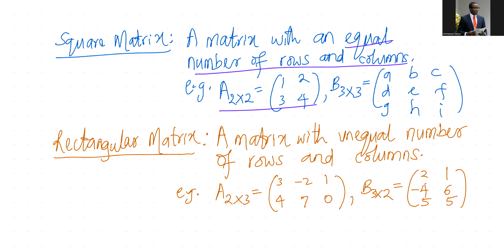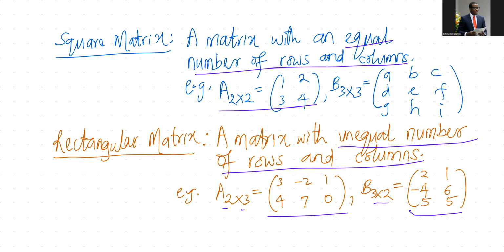For instance, when you have 2 rows and 3 columns, like you have here, that is a rectangular matrix. When you have 3 rows and 2 columns, that is a rectangular matrix.